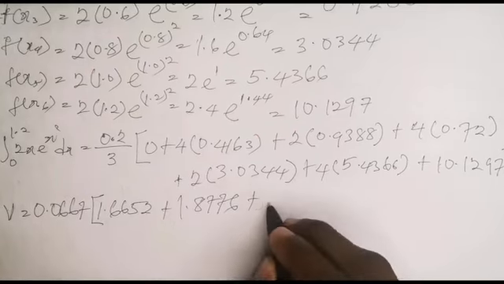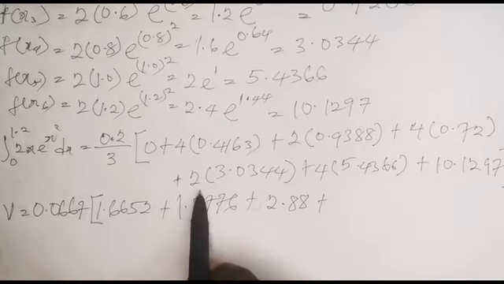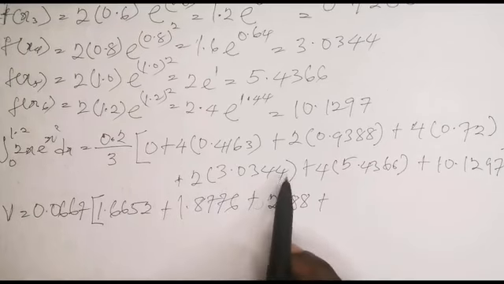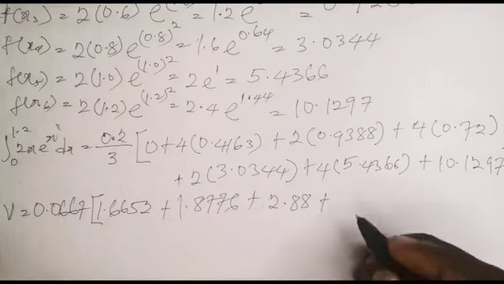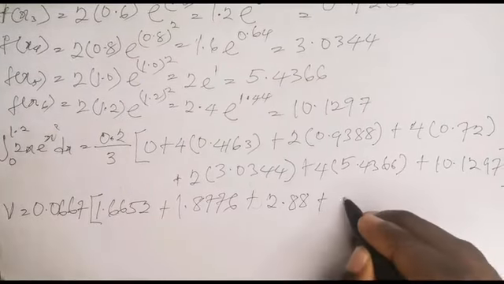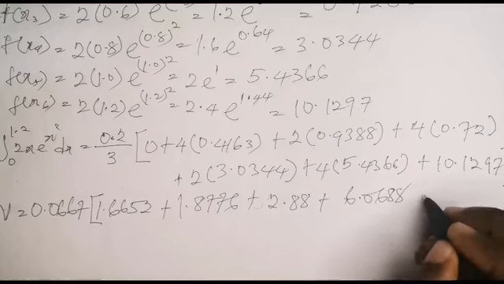So you have plus 2.88 plus. Next we find 2 times 3.0344. That gives us 6.0688. So we have plus 6.0688 plus.